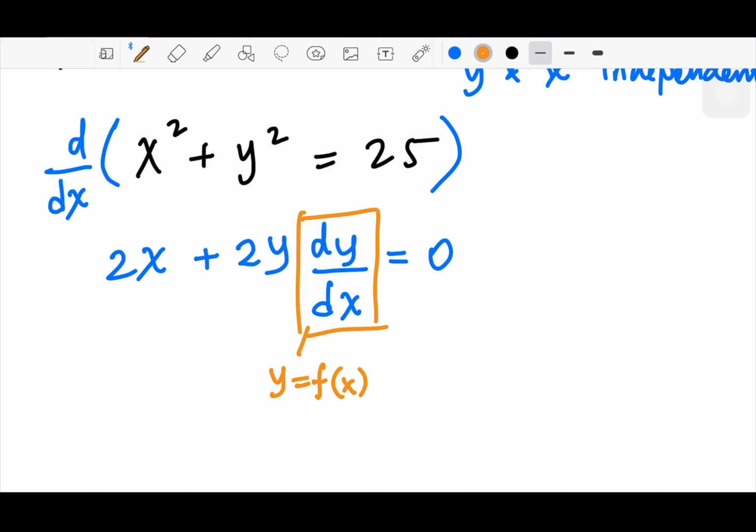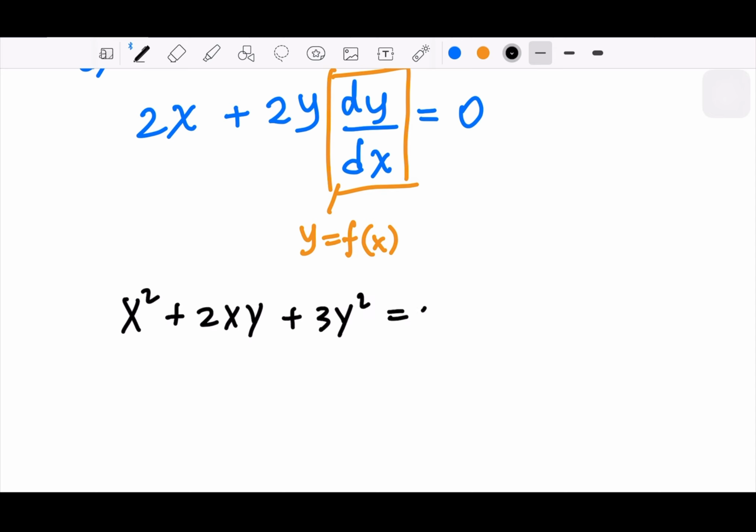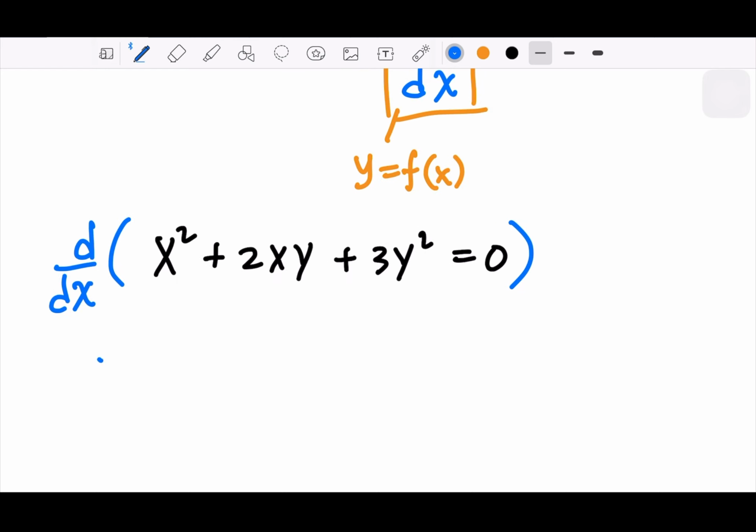And then if you have maybe another example, if we take this x squared, still 2x, okay?